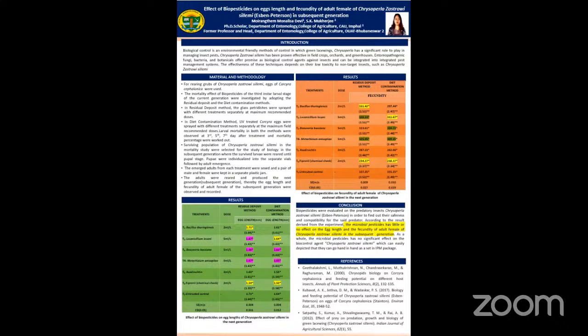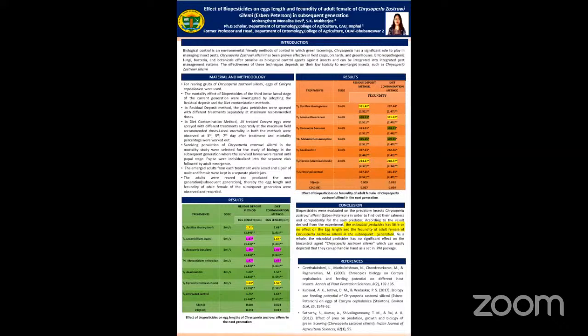So let's move on to the methods and methodology. For rearing the grubs of Chrysoperla zastrowi sillemi, Corcyra cephalonica eggs were procured from the biological control lab in OUAT, Bhubaneswar. The mortality effect of the biopesticides on third instar larval stages of the current generation was investigated by adopting two methods, the residue deposit method and the dyed contamination method.